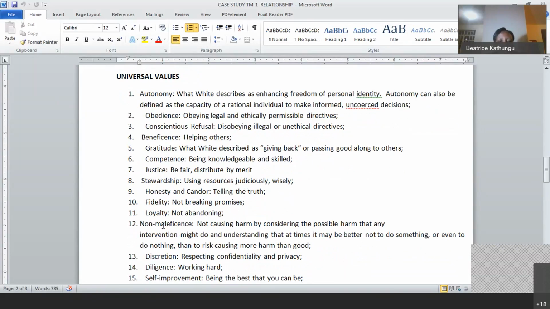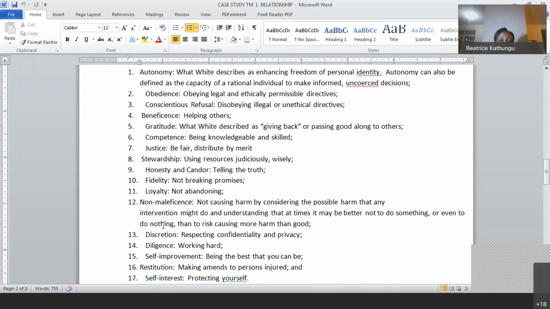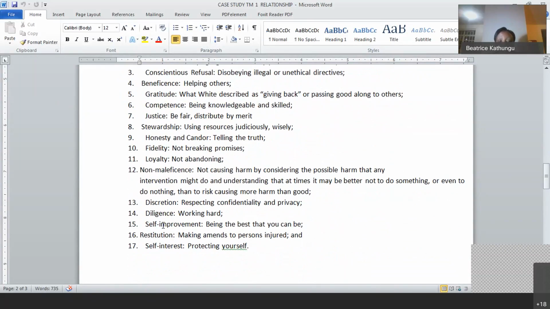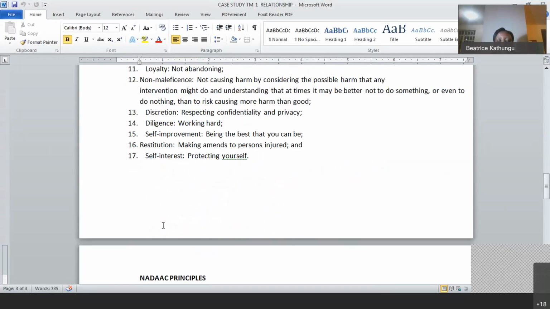Stewardship, how we use resources wisely. Honesty and candor, we know that is telling the truth. Fidelity, keeping promises. Loyalty, not abandoning. Non-malfeasance, not causing harm. Discretion is respecting confidentiality and privacy when we divulge information. Diligence is working hard. Self-improvement is being the best you can. Restitution, making amends. And self-interest is about protecting yourself. Those are the 17 values.